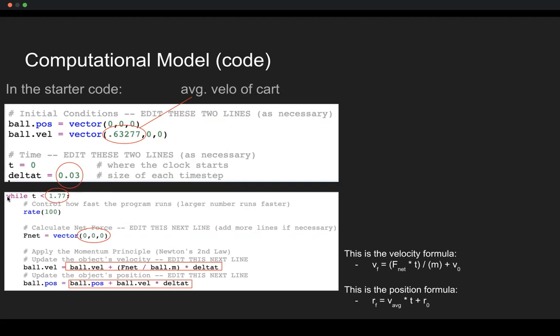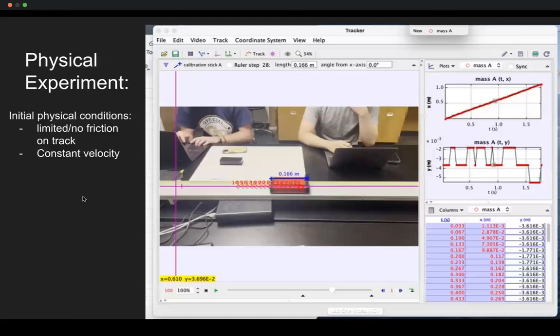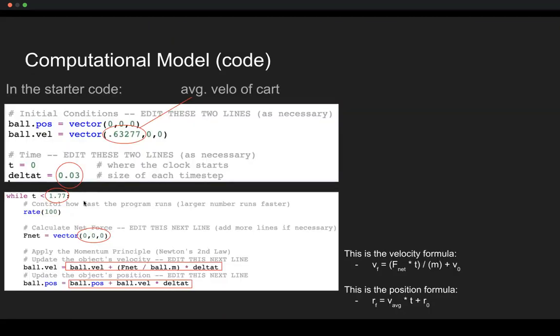I also changed the while loop to be while t is less than 1.77, because that's how long the cart went across in this one. So I wanted to compare them equally. Then I changed the net force values to be zeros in all of them, because we're comparing something that does not have a net force. It has a constant velocity.